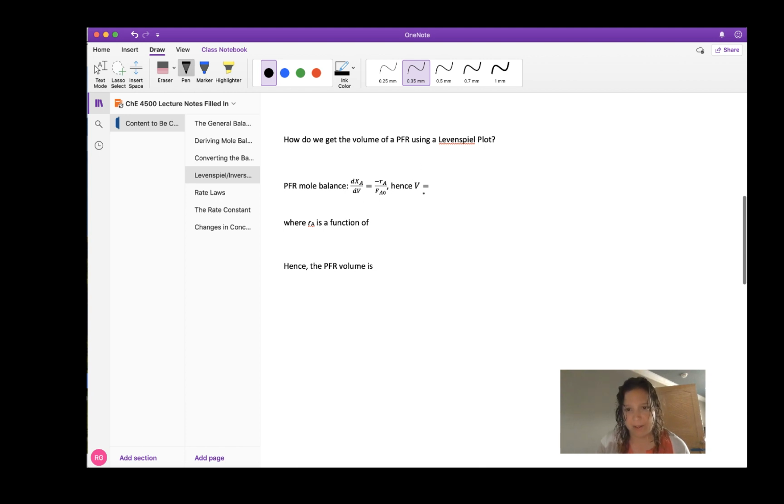We want to isolate V by itself, so we're also going to move all of the constants over with X. So V would end up being FA0 times the integral of dXA divided by the rate of consumption of A. Or if we wanted to, we could move this term inside the integral. We don't have to, it is a constant, but we can.